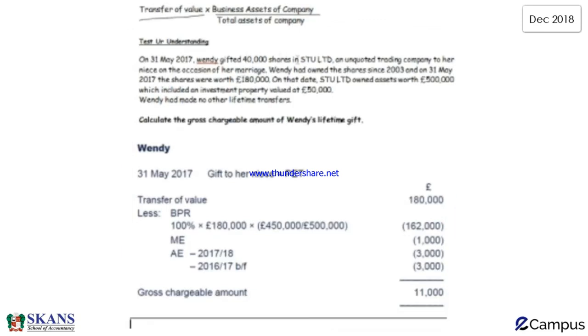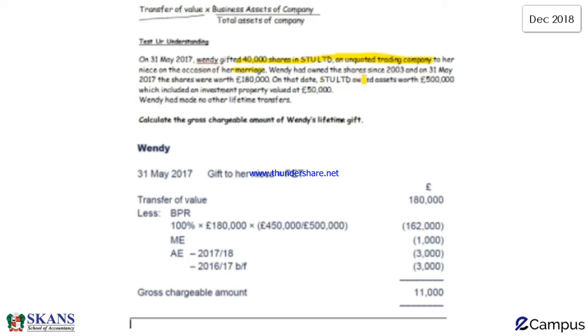Over here, we have an example in which Wendy gifted 40,000 shares in STU Limited, an unquoted trading company, to a niece on the occasion of her marriage. You should keep in mind there's a marriage exemption of 1,000. Wendy had owned the shares since 2003, and on 31st May 2017, the shares were worth 180,000.